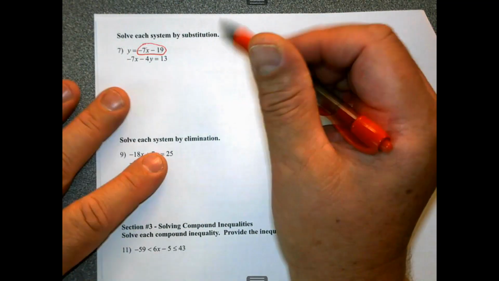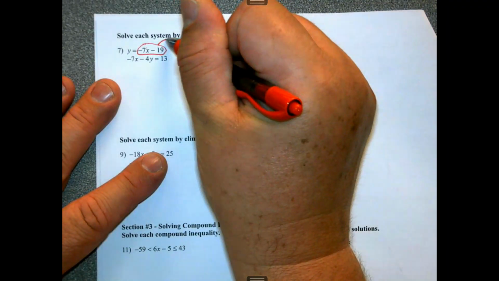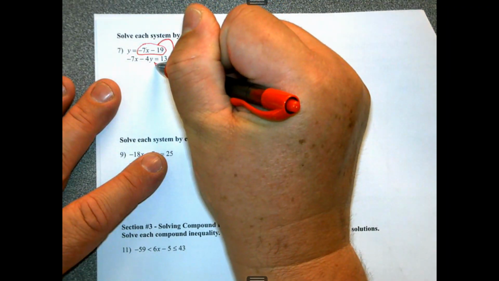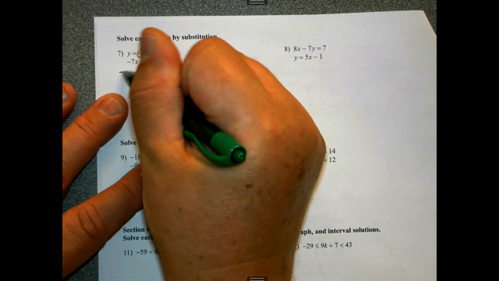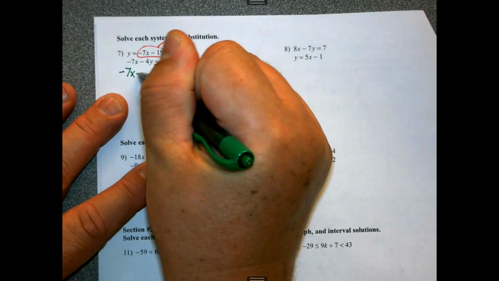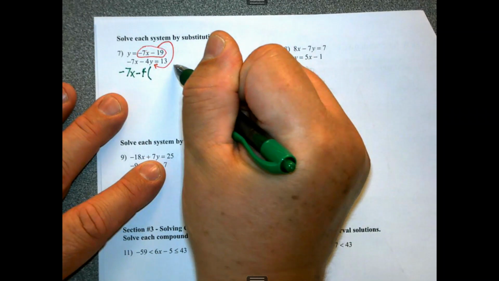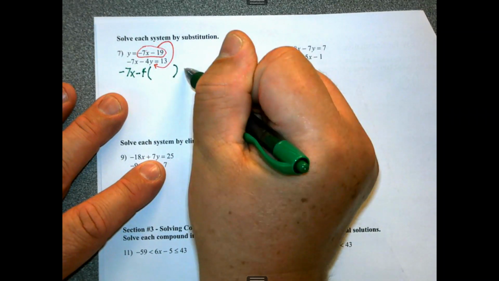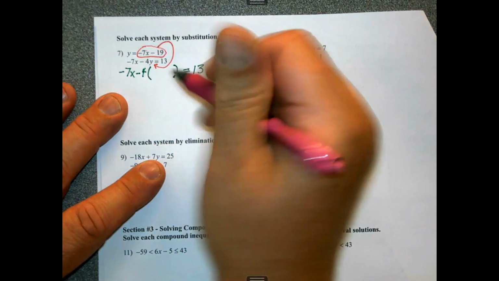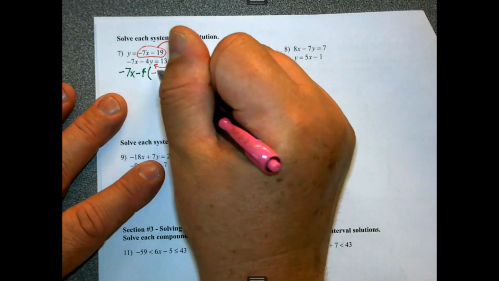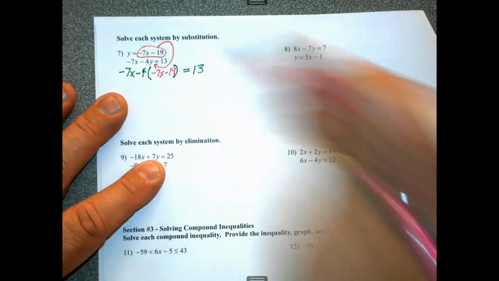All right. So in number 7, I have y solved for in the top one. So I'm going to go ahead and substitute it in the bottom one. So I have negative 7x minus 4. I need parentheses for the substitution of that y equals 13. That substitution of y is negative 7x minus 19.